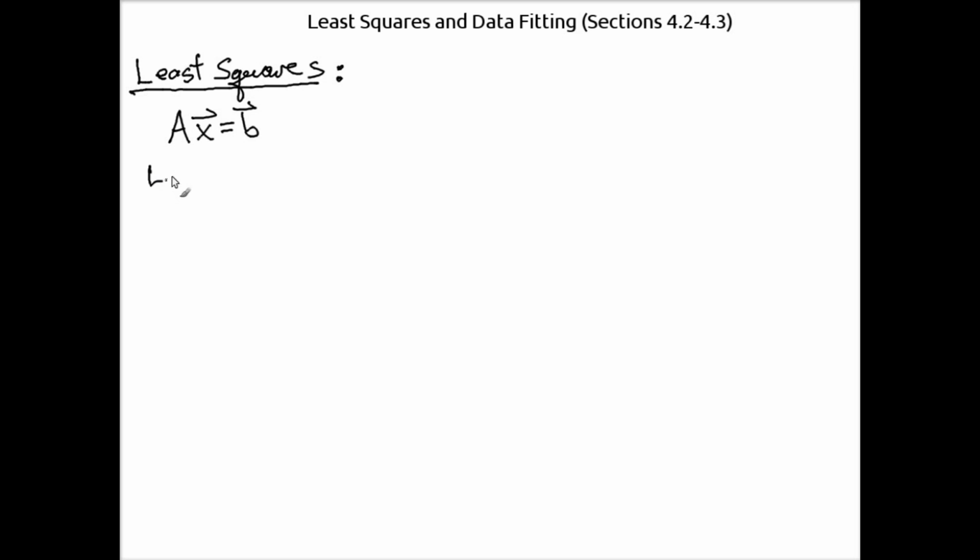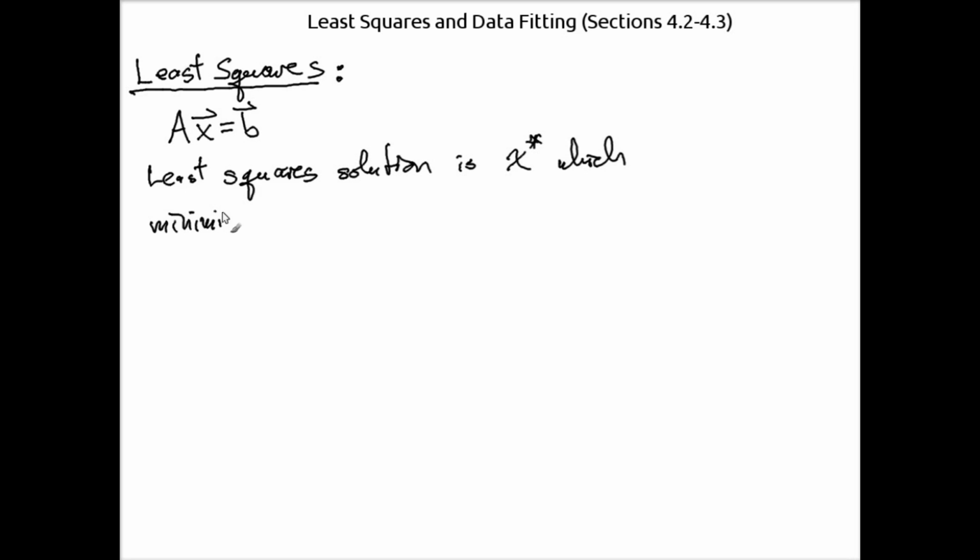Then the least squares solution is the x star which minimizes the norm of Ax minus b. That is to say, you look at all of the x's, you look at all of these numbers that you get, and you take the one for which this is smallest, and that x star is called the least squares solution to this equation.